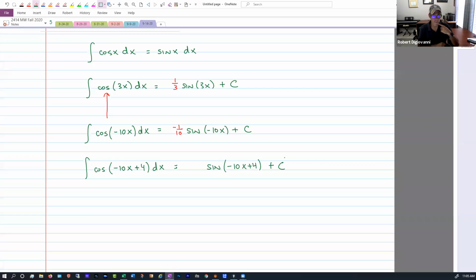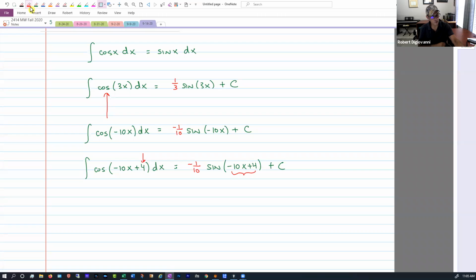Wouldn't it still be the negative 1/10? Yeah, it's still negative 1 over 10. So by me adding that 4 in there, that really didn't change anything, did it? Because when I take the derivative on the right side and do the chain rule and take the derivative of what's in there, the 4 doesn't come into play, does it? Because it's a constant, so the derivative of that's going to be 0.